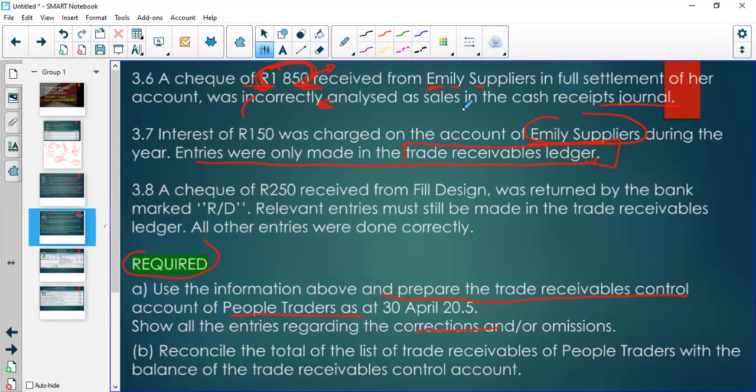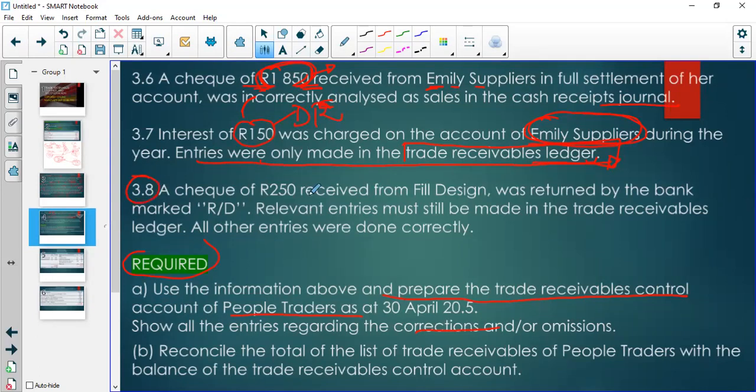So if an entry was made in the trade receivables ledger, then Emily Suppliers was correctly dealt with. But what we have here is it was not entered in the trade receivables control, so we have to enter this. It increases what customers owe us. We charge them interest, they have to pay. So what they owe us increases. It's going to be a debit entry.